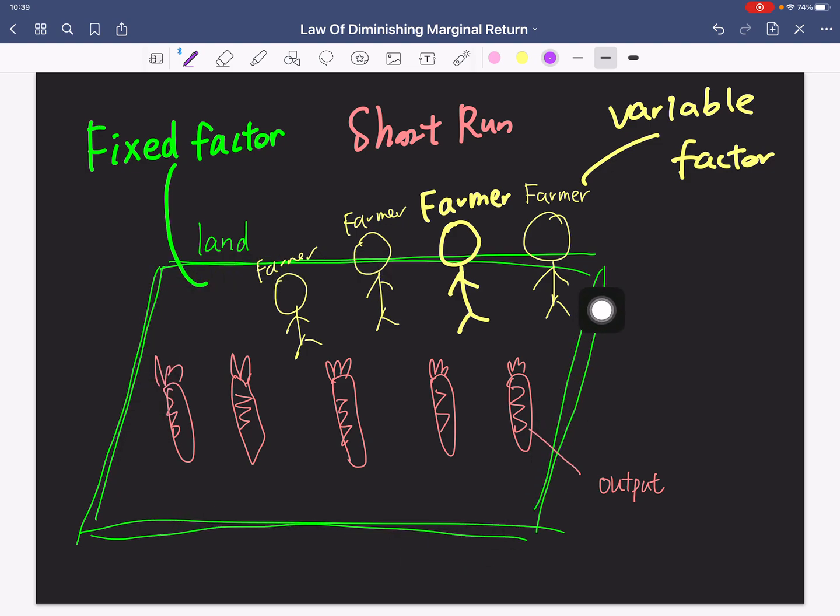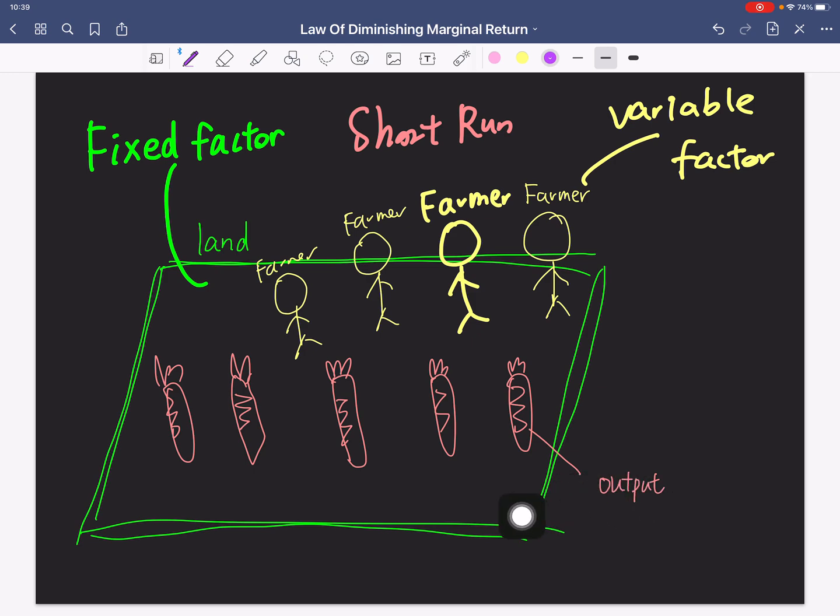So I'm a farmer and I have this piece of land. I use this piece of land to grow carrots, and carrots will be my output. So supposedly, no matter how many carrots I'm going to grow, I have this land as one of my constraints, as my fixed factor, because I will not vary the quantity of the input, which is the land, to my output.